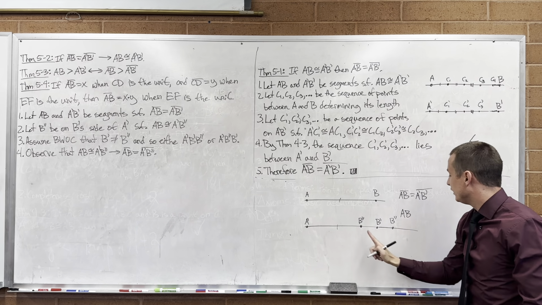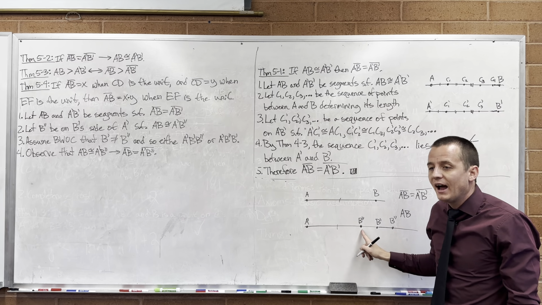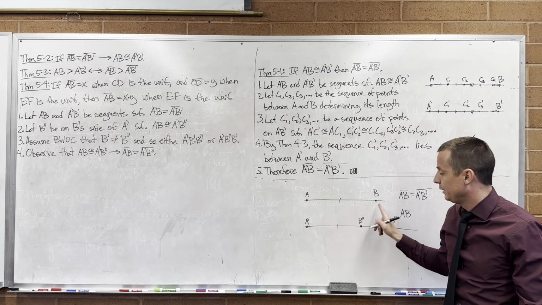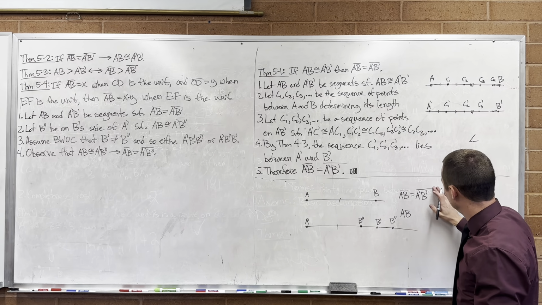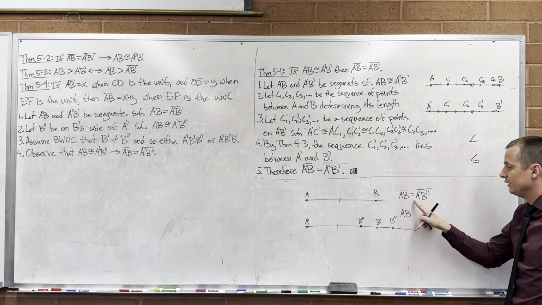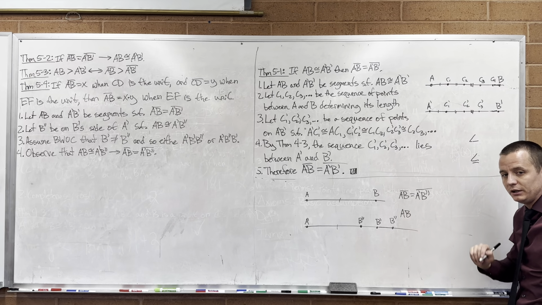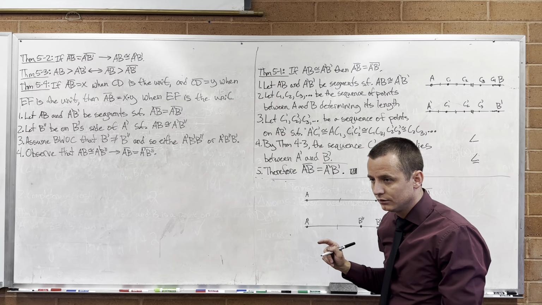So wherever this B double prime lies, A prime to B double prime has to have the same length as A to B. Here's what I'm trying to prove, here's what I know: AB's length is equal to the length of A prime to B double prime, because those are congruent.